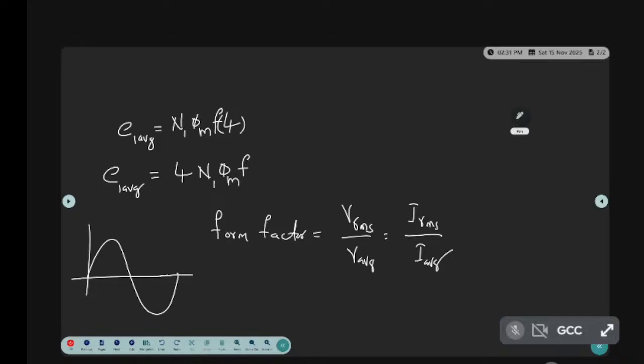Now you know the average value, you require the RMS value. What is the form factor value of the alternating quantity? AC quantity form factor enta?